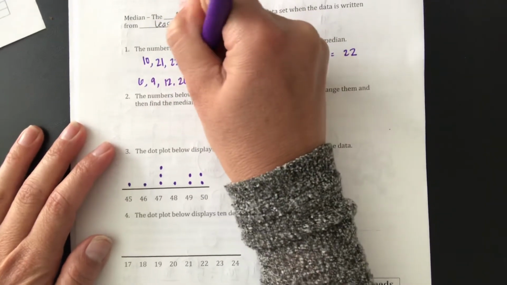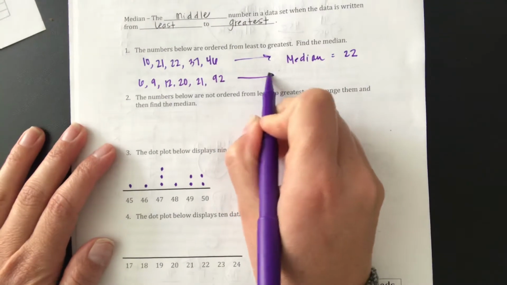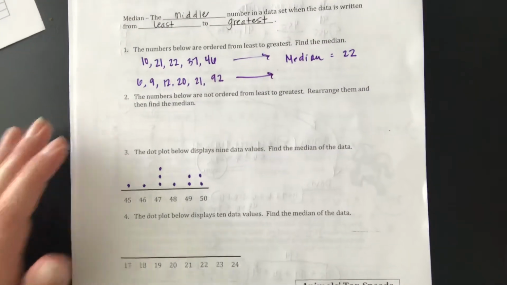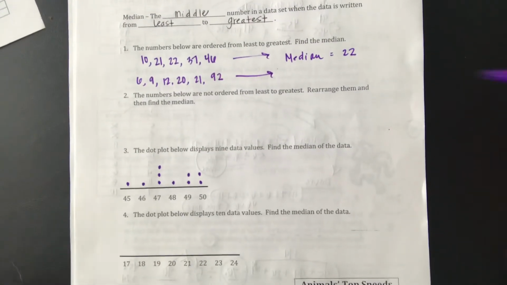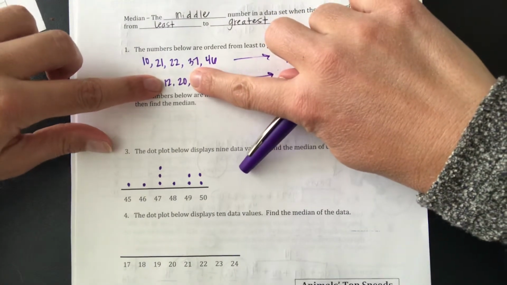Now in this next set of numbers written from least to greatest, we've got 6, 9, 12, 20, 21, and 92. You might have noticed right away that this is an even set. So I've got 2 and 2 and I'm left with 12 and 20.